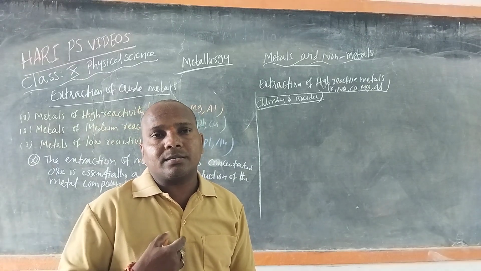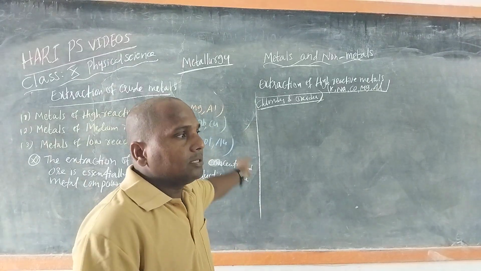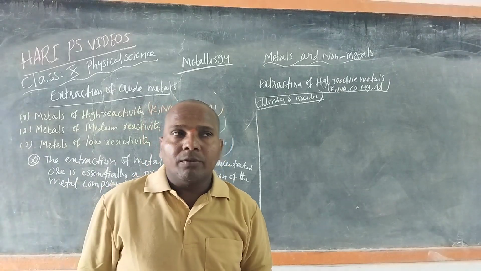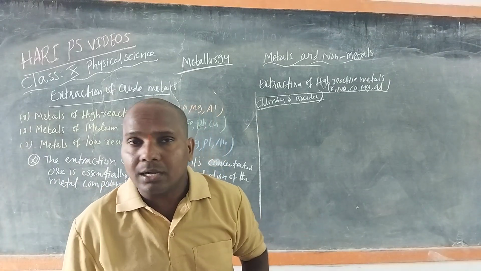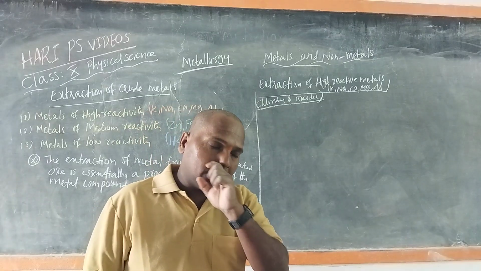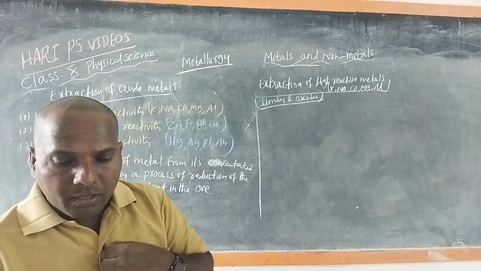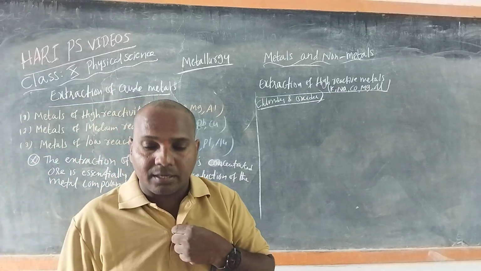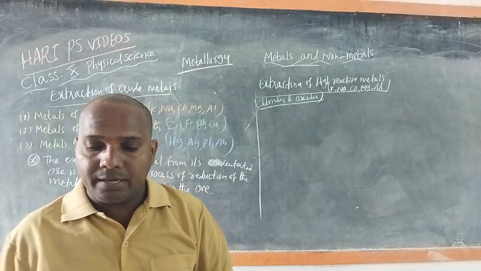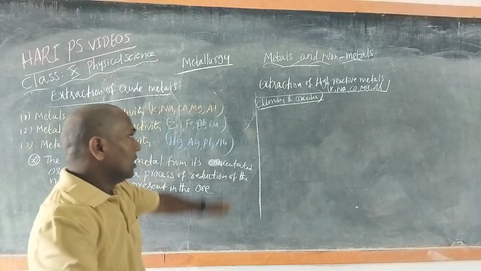But the oxides cannot be reduced by carbon because these metals have more affinity for oxygen than carbon. So we cannot extract these metals by reduction with carbon. The high reactive metals are extracted by the electrolytic reduction of the molten chlorides or oxides.